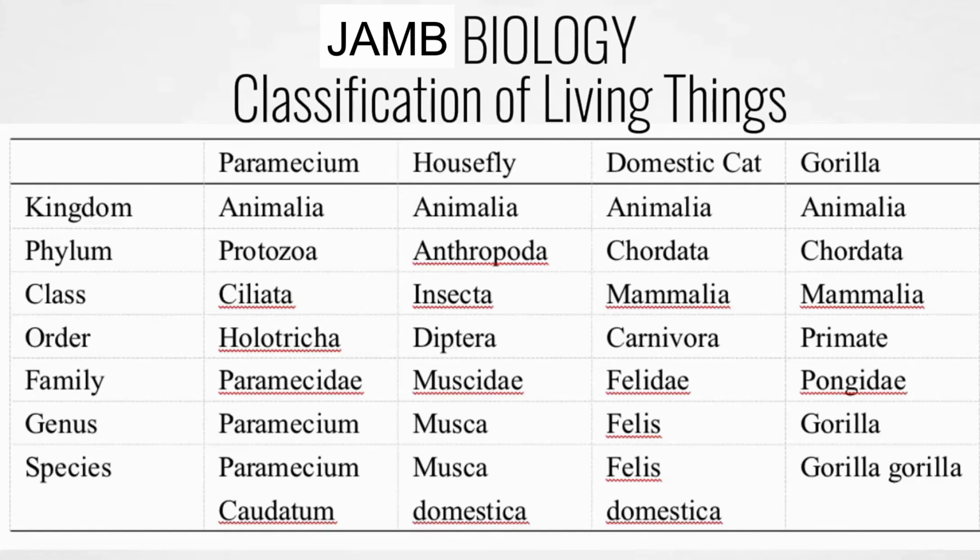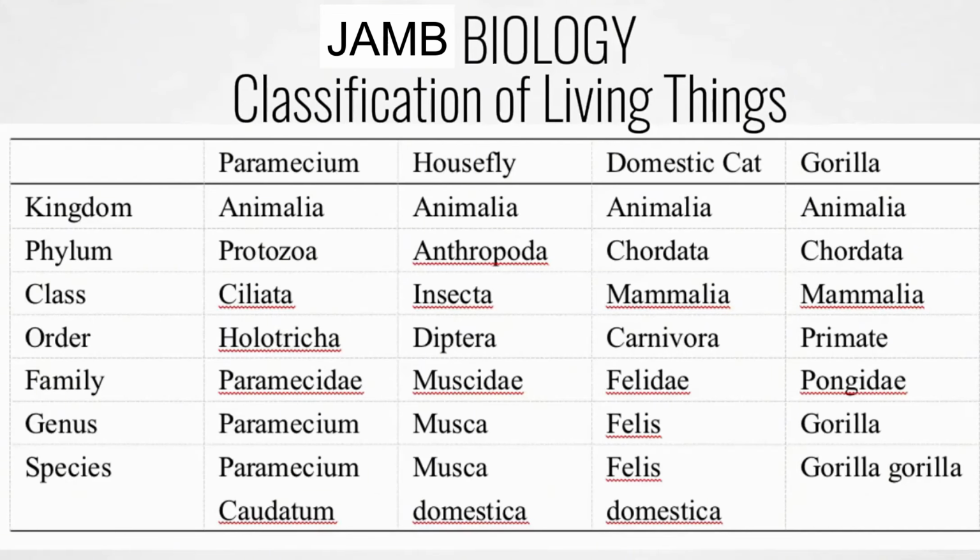Hence, phylum is more precise than the kingdom. I hope you understand this. Paramecium belongs to the phylum Protozoa, and housefly belongs to the phylum Arthropoda. Domestic cat belongs to the phylum Chordata, and gorilla also belongs to the phylum Chordata.